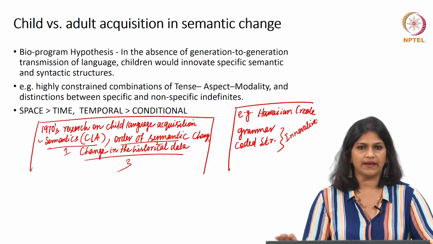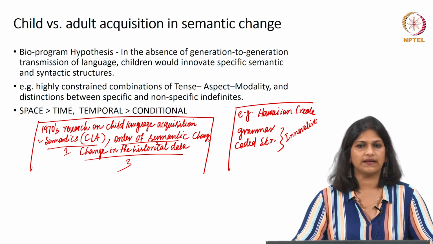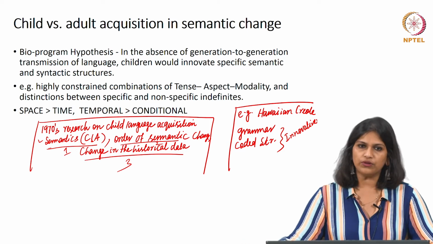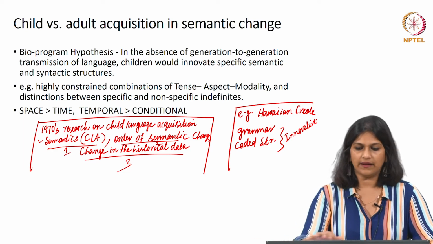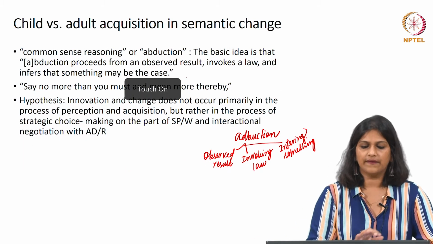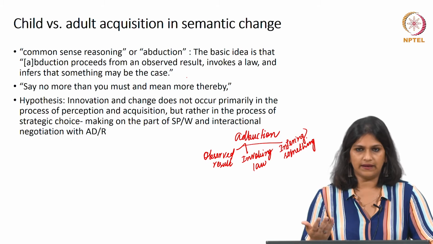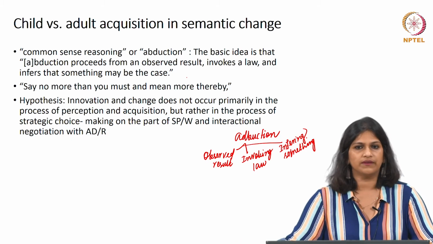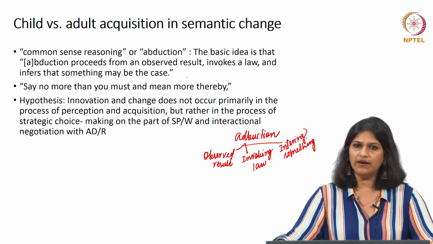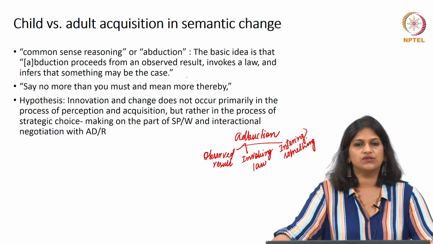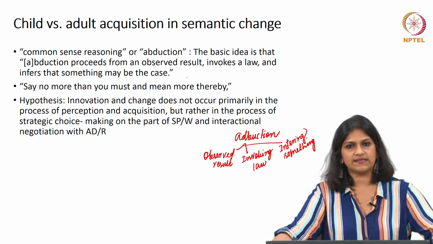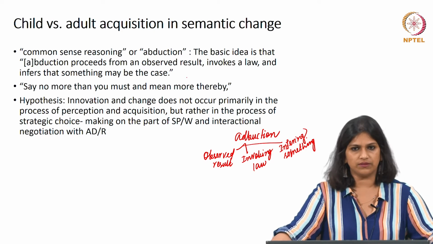And if we look at examples like Hawaiian Creole, it works both ways: the child language acquisition process and the adult acquisition process play an equally important role in the development of a language. So, we cannot just give credit to one side of it, rather we have to focus on both angles.